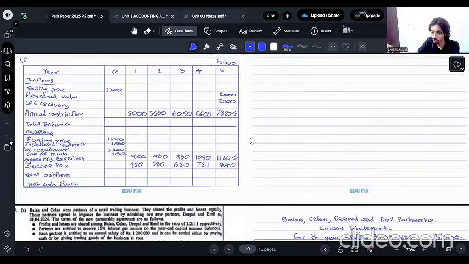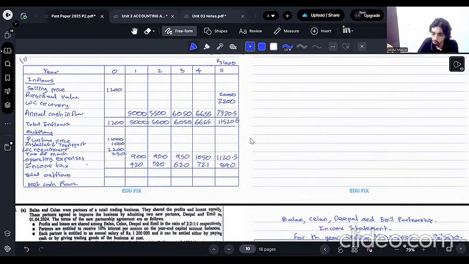So year 0, total inflows 1,200, year 1, 5,000, 5,500, 6,050, 6,655, and for year 5, 2,000 plus 2,200 plus 7,320.5, that is 11,520.5.